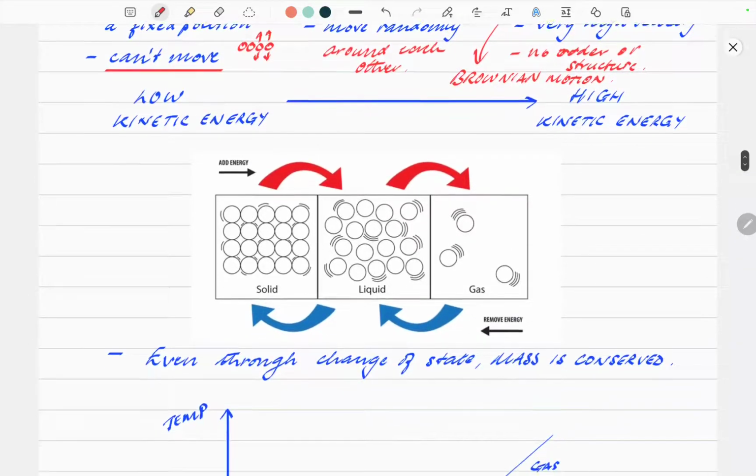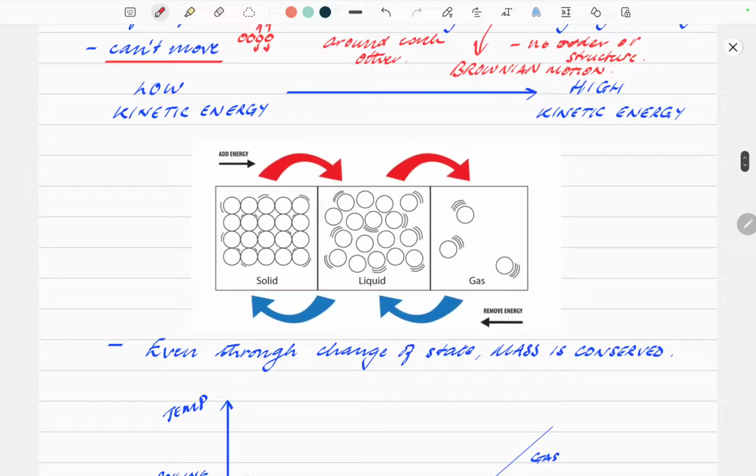Here's a little diagram to explain what's going on. If you're adding energy, the solids, you can see they vibrate. Liquids vibrate a bit more, and they have broken from their structure, so they can now move around whichever way they want. Gases have very high velocity, are very well spread out, and completely random and independent.